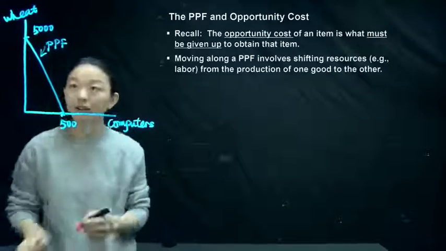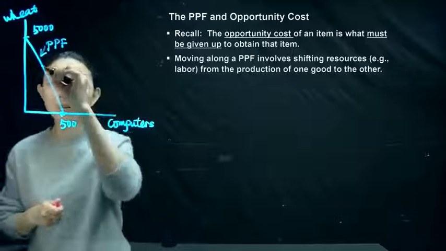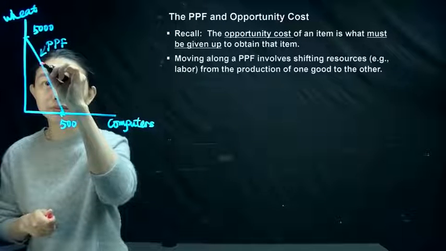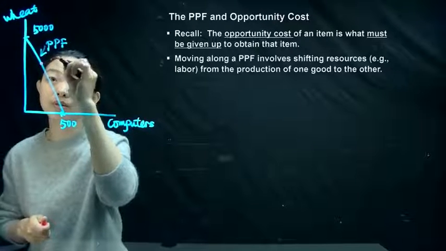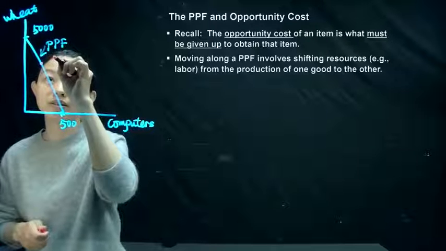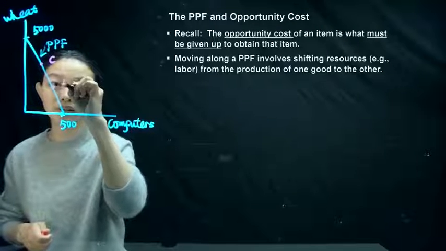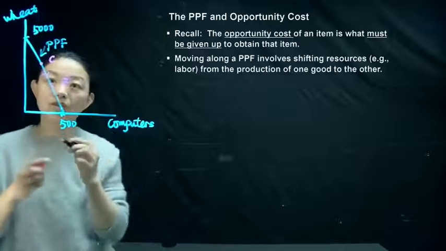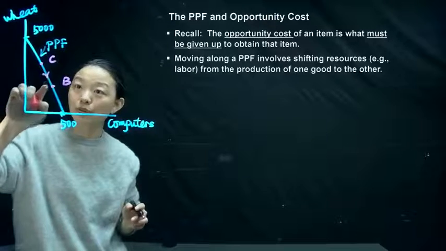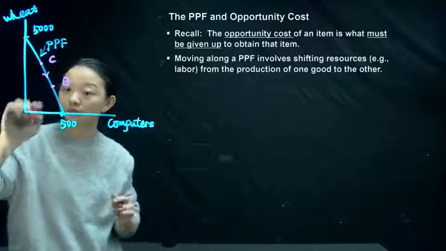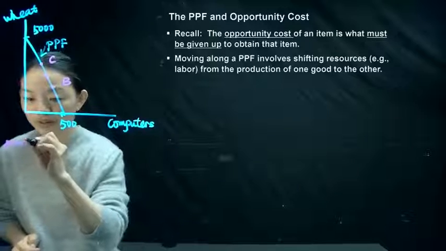Look at what I move, okay? If I move downwards along this PPF, compare this could be point C, this could be point B, okay? So moving from point C to point B, what can you observe?